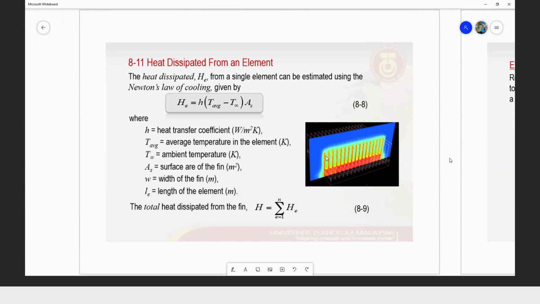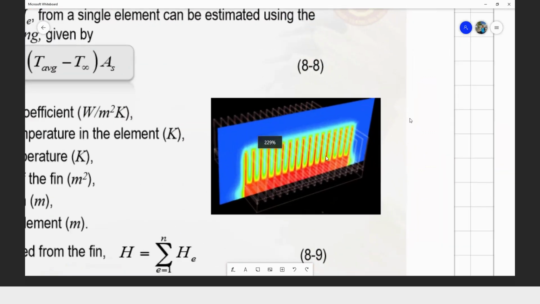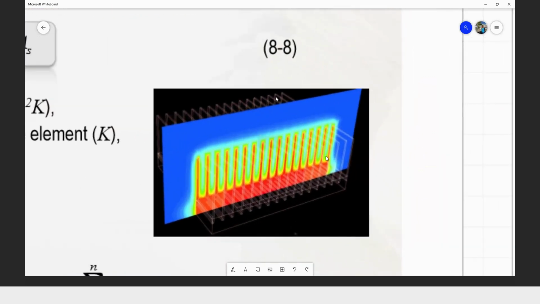So, in terms of heat dissipated from the elements, if we look at it in real life, this is from the finite element analysis. As you can see, we have an array of fins. You can see 1, 2, 3, 4, 5, 6, 7, 8, 9, 10 and so on. And this is the base.